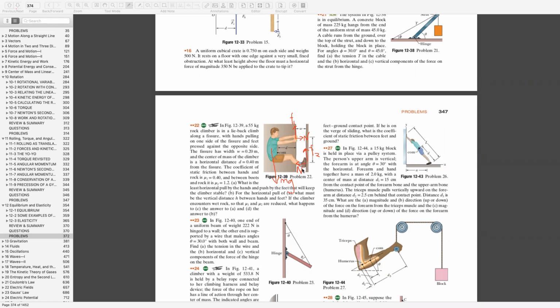Normal force 1 and normal force 2. So the force of his hands is equal to normal force 1, and the force of the feet is equal to normal force 2. And those two equal each other because they're going in opposite directions, right? Yes. N1 equals N2.